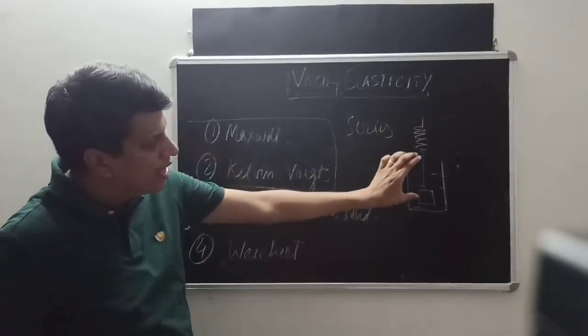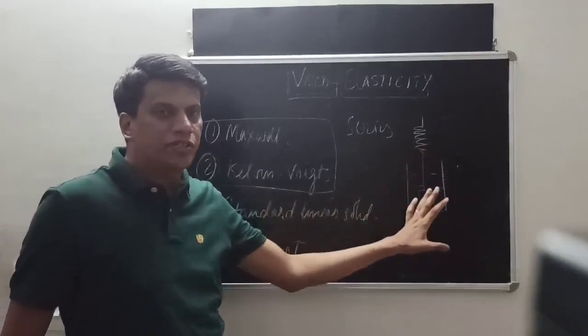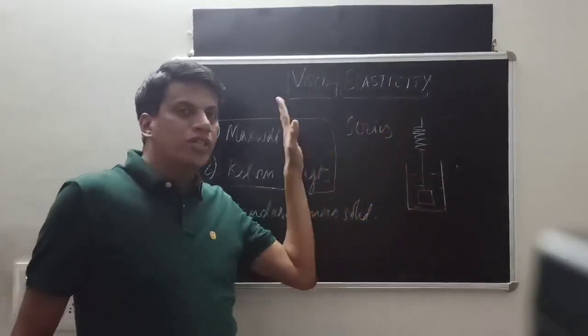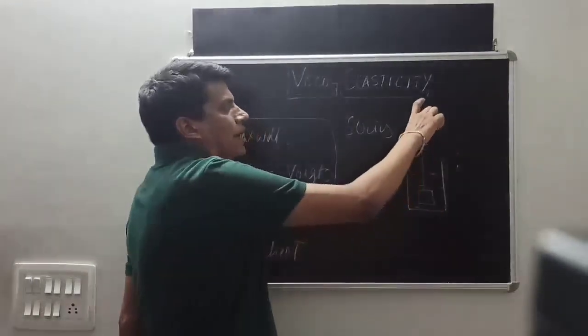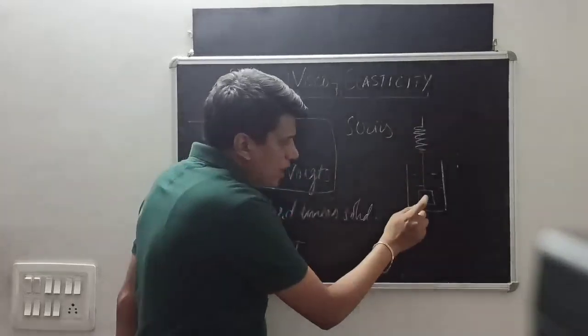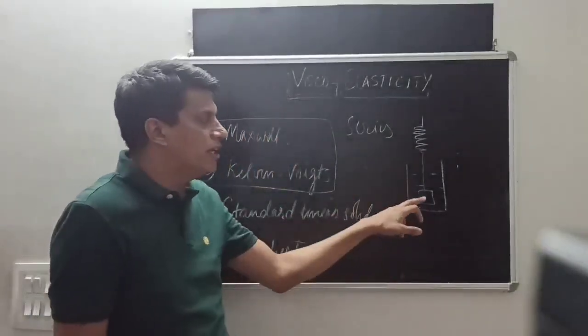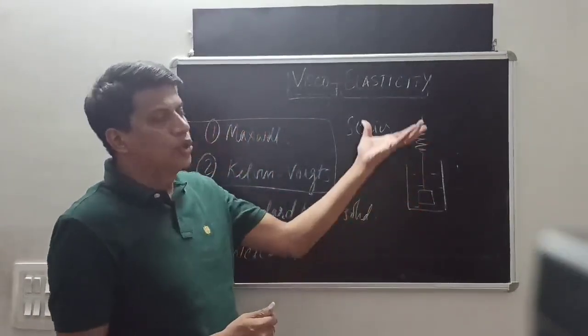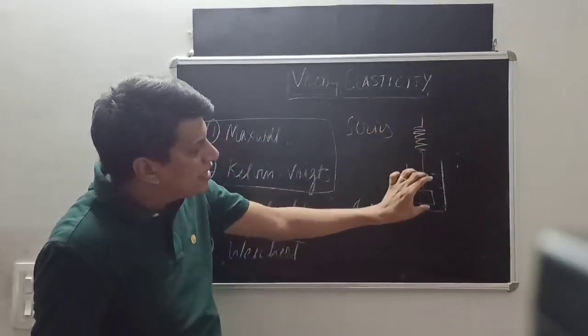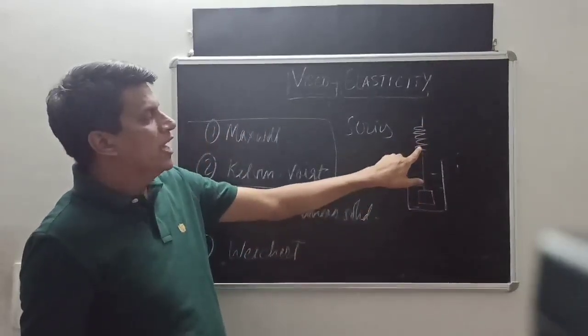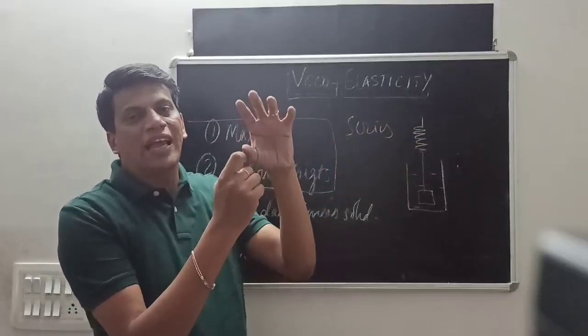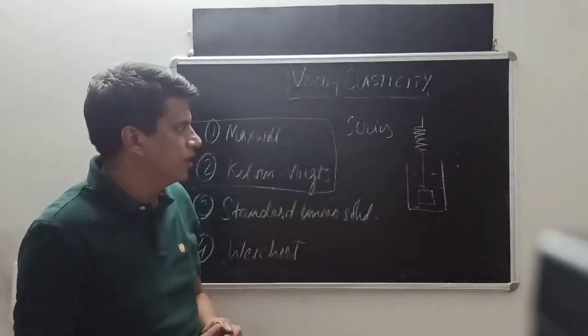Because of that contraction, there is movement of the piston also. When force is released, the spring comes back to its original position. The piston does not move because there is no back force, and the slight movement of the piston is because the spring is again relaxing to its original position.